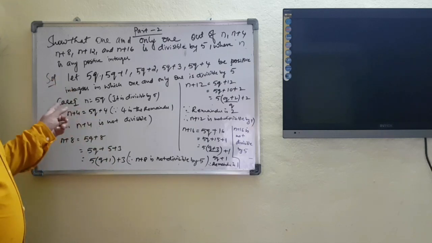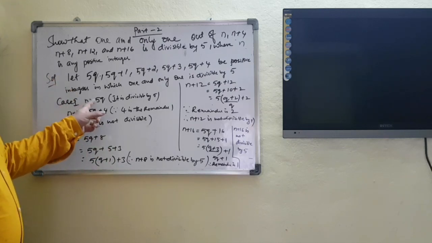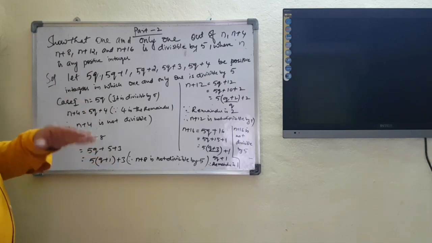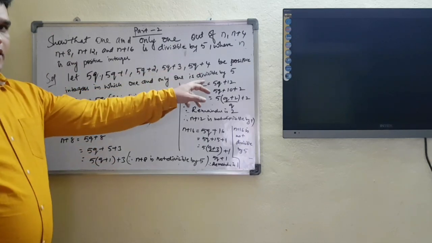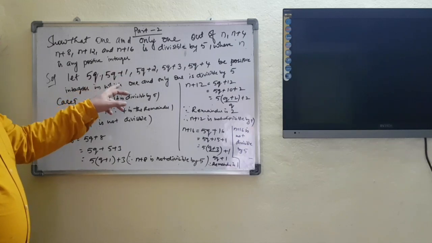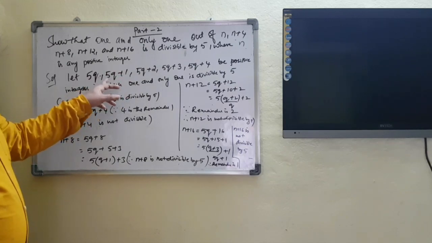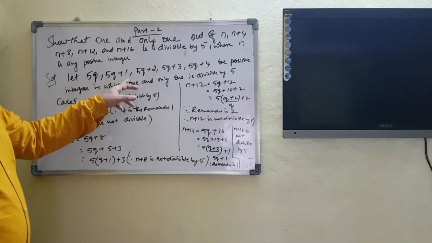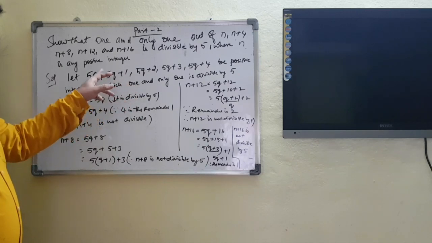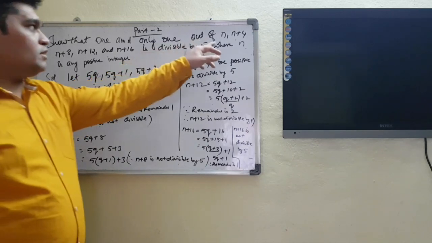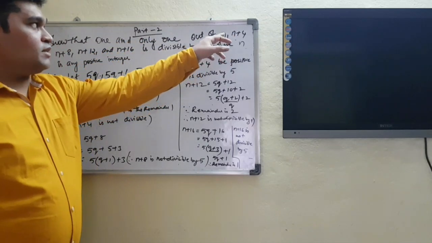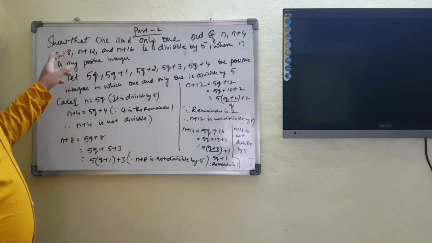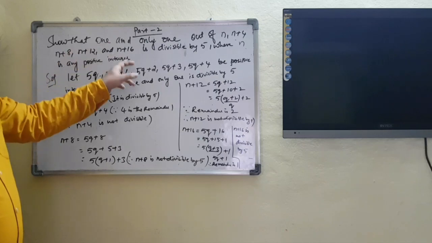Same way, since I have done case 1 as n equal to 5q, you people try case 2, case 3, case 4 and case 5. In case 2, n will be considered as 5q plus 1. Substitute this n equal to 5q plus 1 in all these 5 terms: n, then n plus 4, n plus 8, n plus 12 and n plus 16.